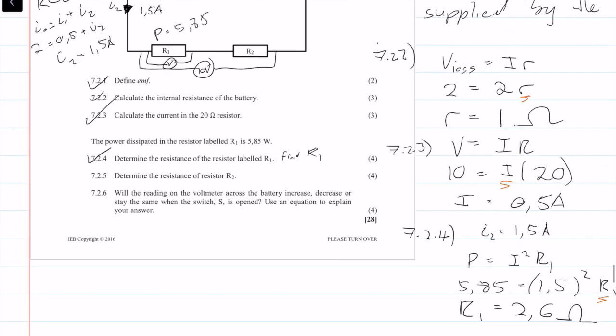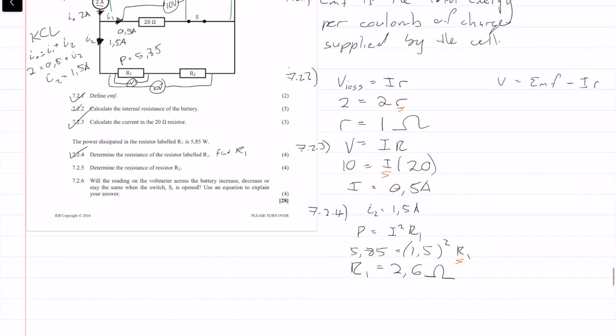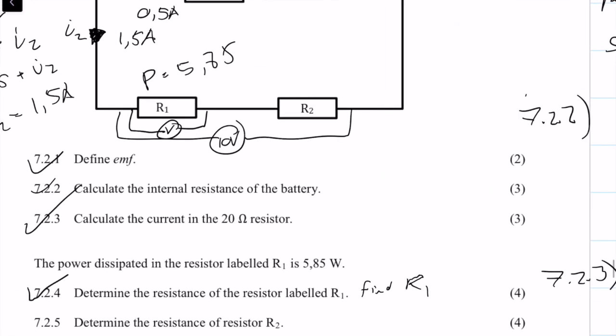Okay, now it says determine the resistance of R2. Okay, so R2. How are we going to do this? First, we now know the current through I1, so we can work out, let's say this is V1, and this here is V2.